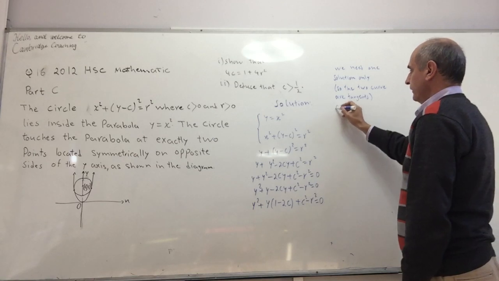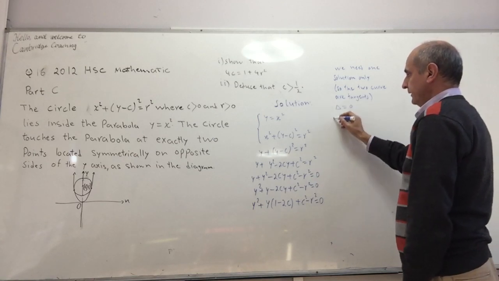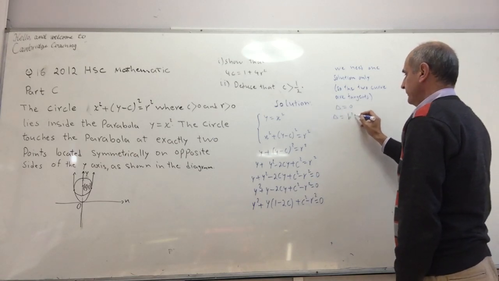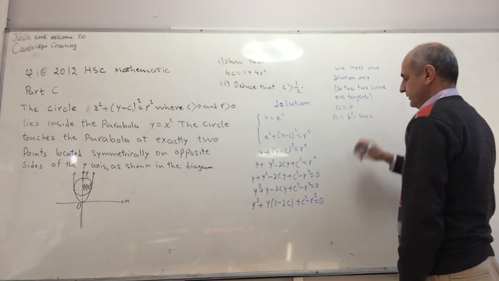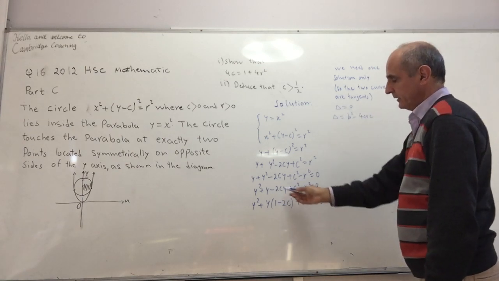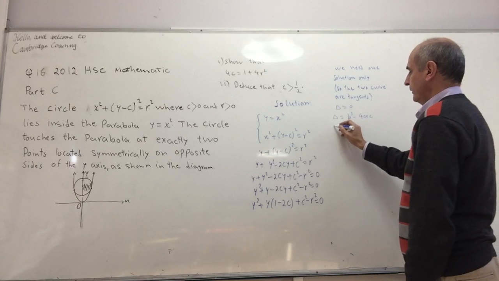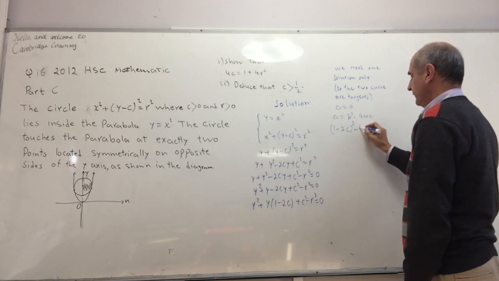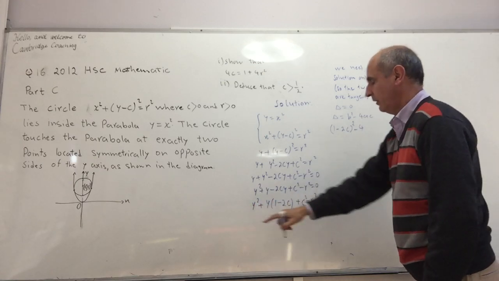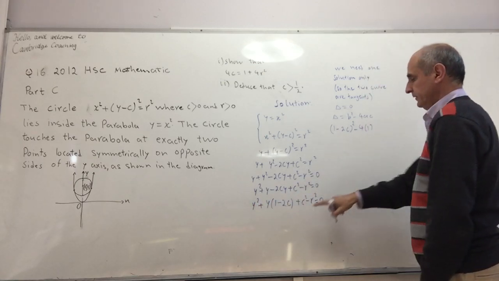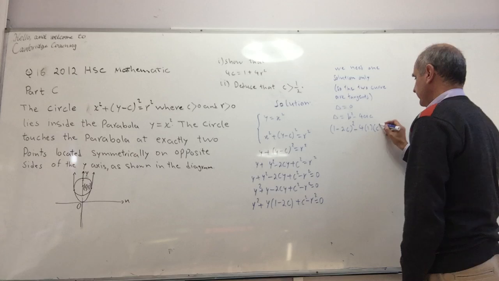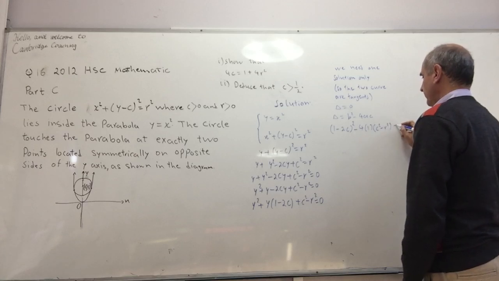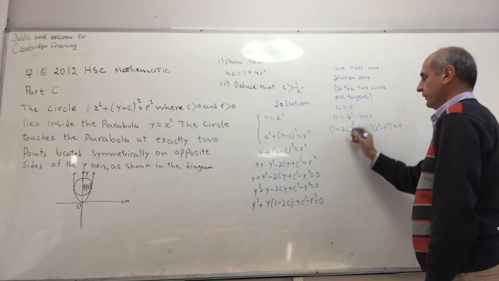So delta must be equal to 0, and delta, or the discriminant, is b squared minus 4ac. Here my b is 1 minus 2c, so (1 minus 2c) squared, minus 4, my a is just 1, and my c is c squared minus r squared, and we want this to be 0.